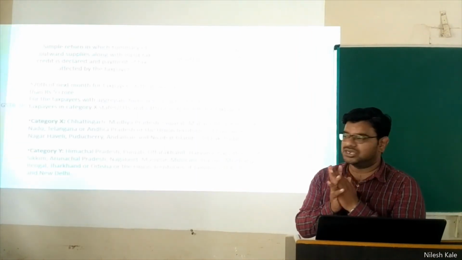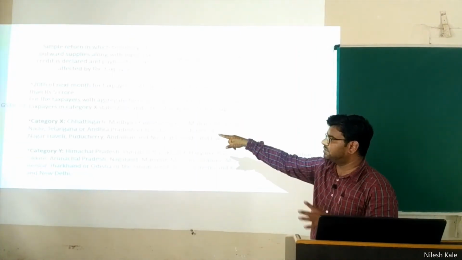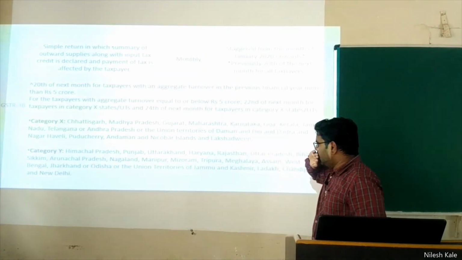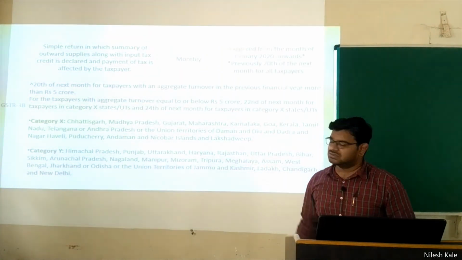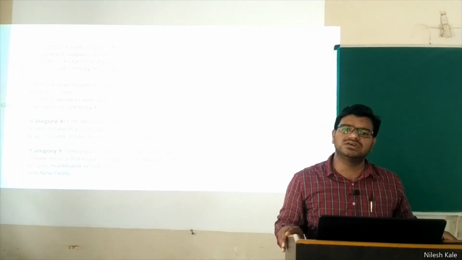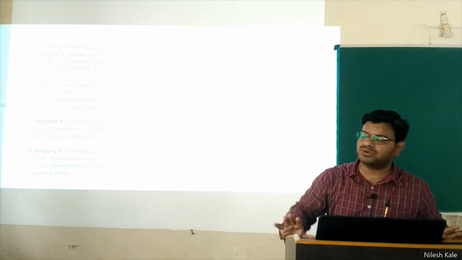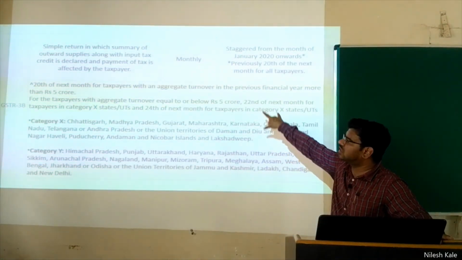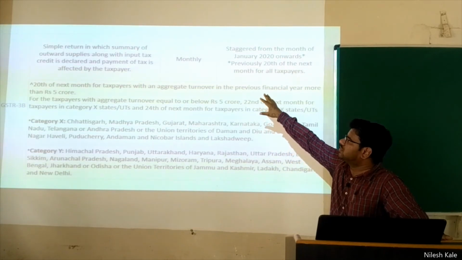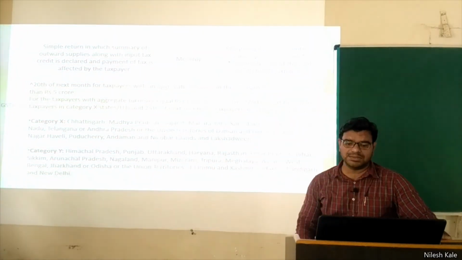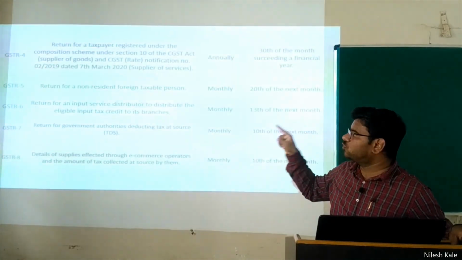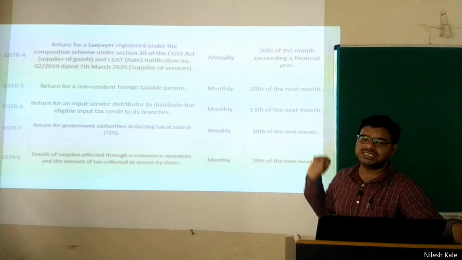This is the due date for GSTR3B, and there are two categories, category X and category Y. It is according to the opted format, and it is according to the threshold limit. You need not worry about this. You just understand GSTR3B is the summary of outward and inward for monthly returns, and the time period is 20th of next month.